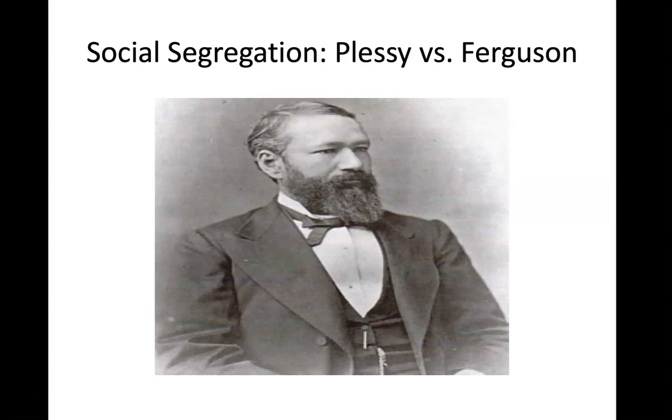You have social segregation, highlighted by the court case of Plessy versus Ferguson, whereby the Supreme Court basically did not intercede, did not intervene in the Southern efforts to legally mandate social segregation. And of course, you have the political dimension, where Southern leaders found a way to circumvent the Constitution by introducing proxies that stood for race in actual truth.